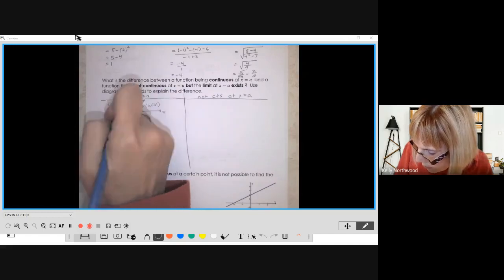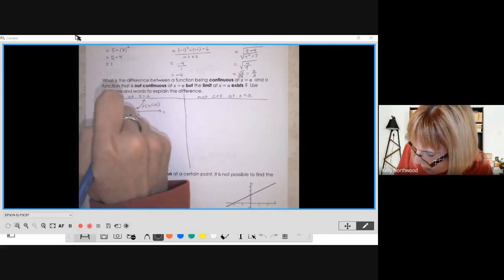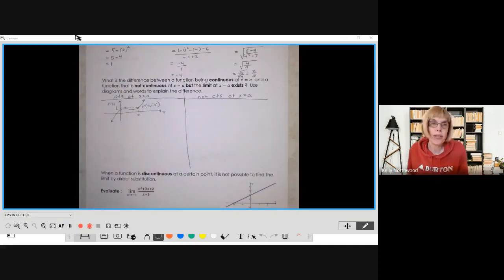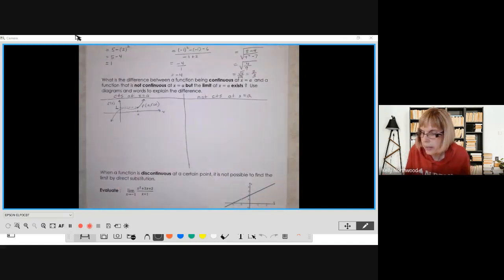And I'm going to call this y value capital L, which you can think of as limit. That number, f at a, is capital L there, the y value on the y-axis.